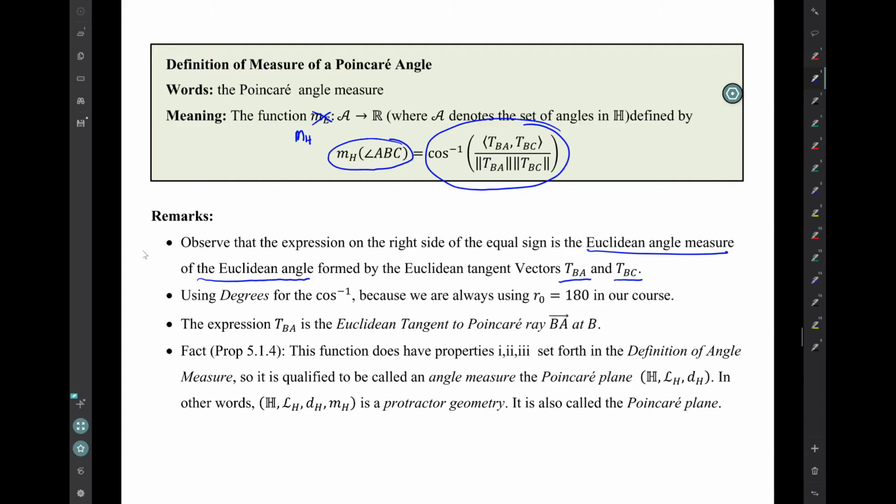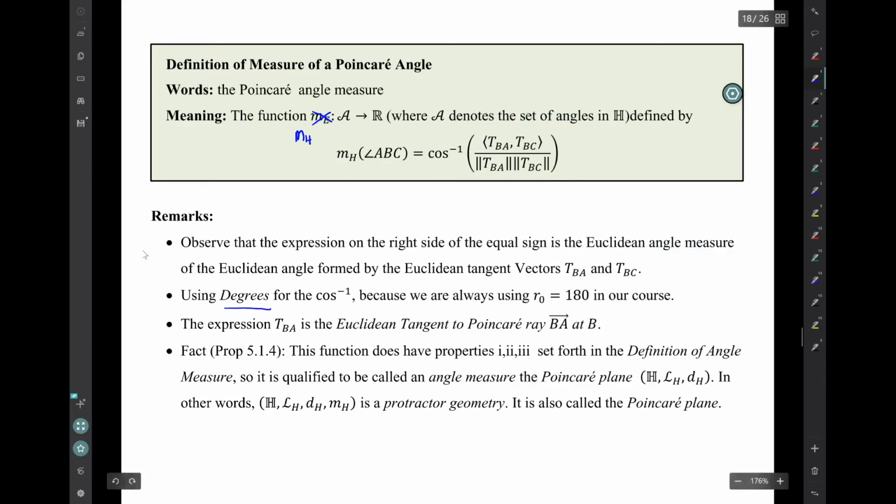And so if we've got those two vectors, we find their inner product, we divide the inner product by the product of those two norms, and then we find cos inverse of that. Another remark, we used degrees again for cos inverse because, again, we're using R0 equals 180 in our course. And again, remember that this expression TBA is the Euclidean tangent to Poincaré ray BA at point B.